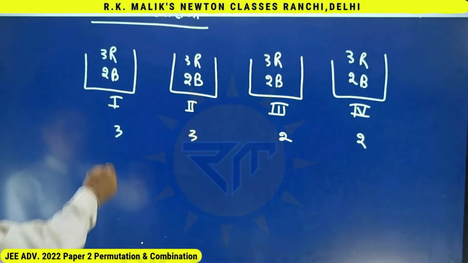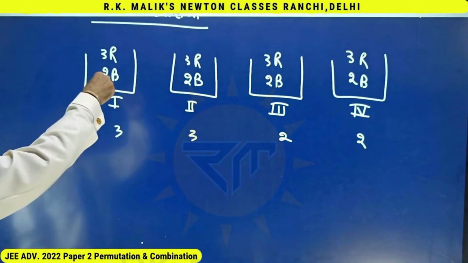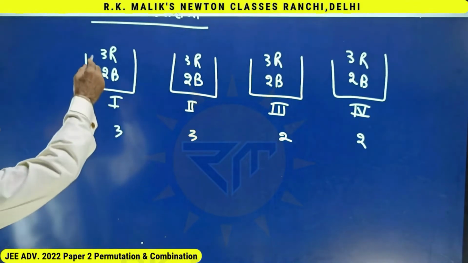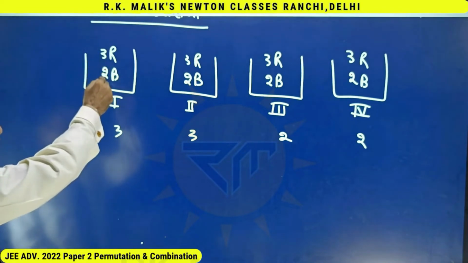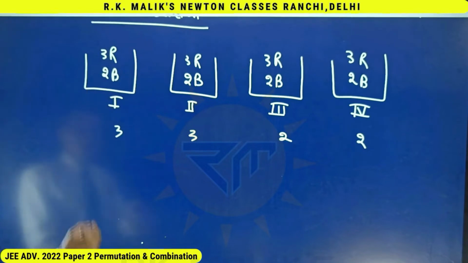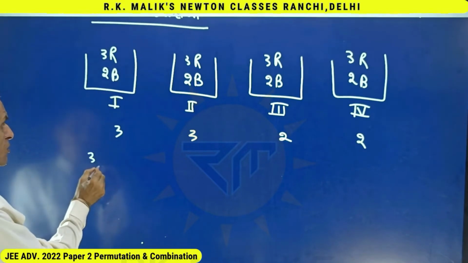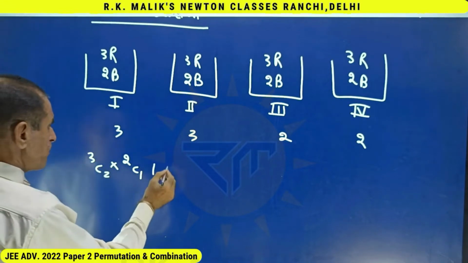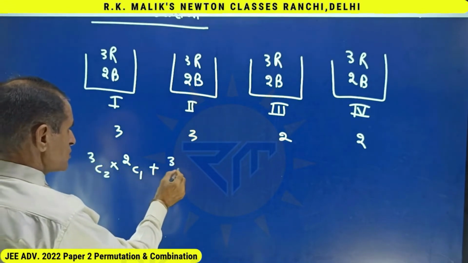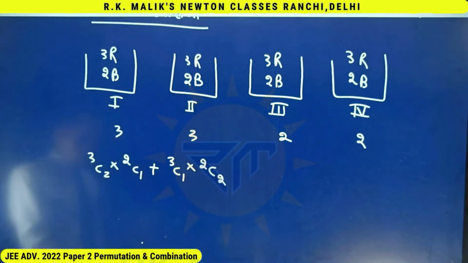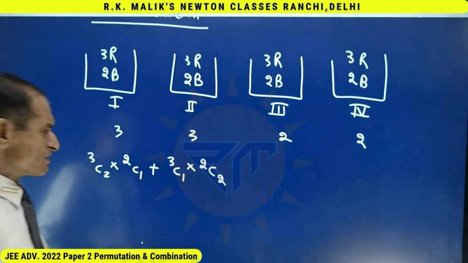And when I have supposed that this bag has given 3 balls, that will contain either 2 red, 1 blue, or 1 red, 2 blue. That is 3C2 into 2C1 plus 3C1 into 2C2.